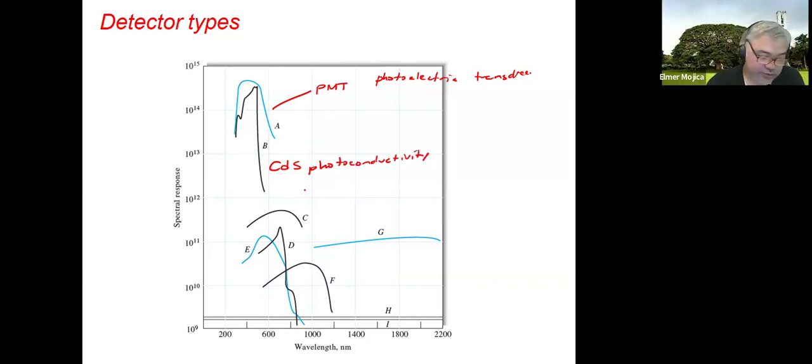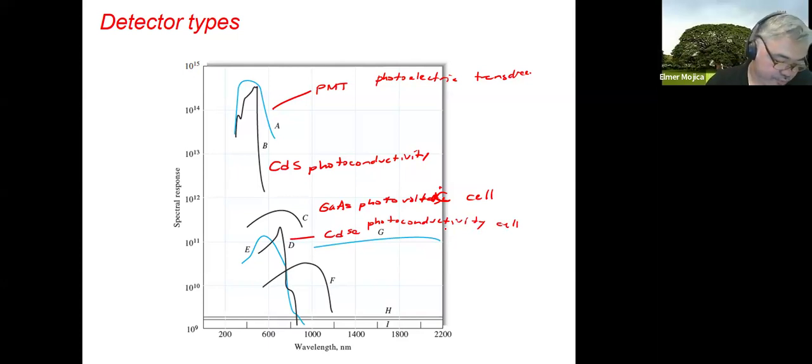Now C here would be a gallium arsenide photovoltaic cell. Now the D that you have here is a cadmium sulfide photoconductivity cell.